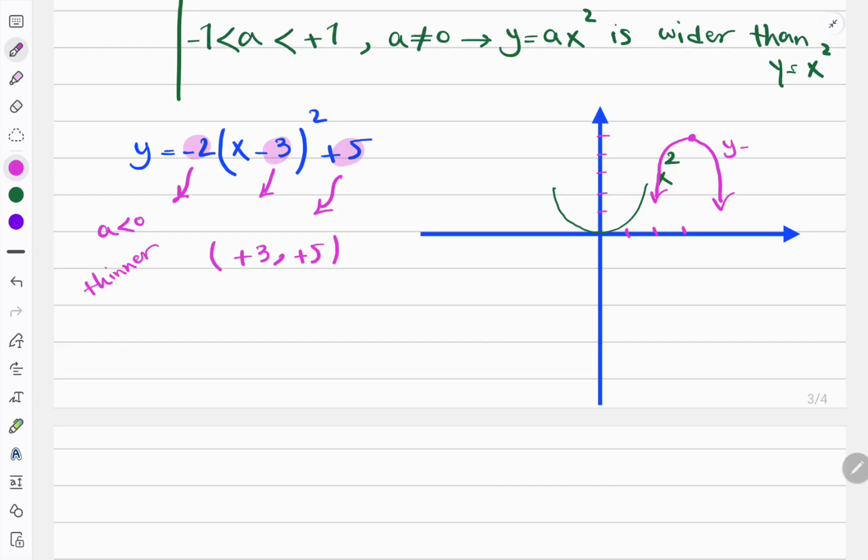And this is y equals negative 2 (x - 3) squared plus 5.